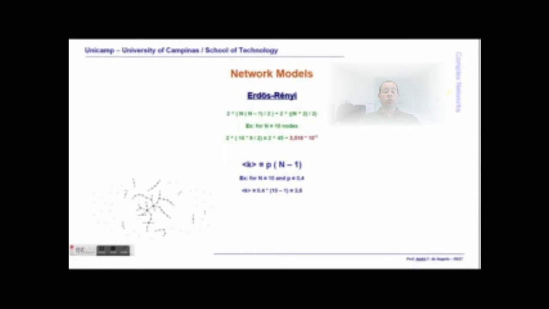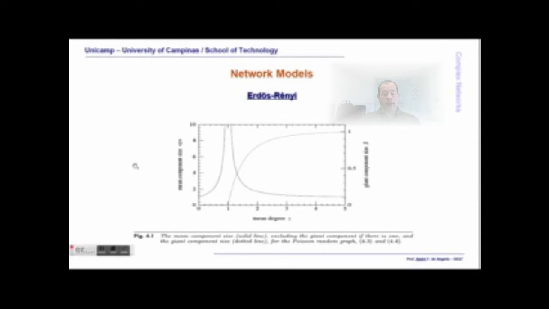Then, it is easy to do calculations in this model because the equations are already there, because of a lot of decades of history. Okay, we see in a chart the behavior of the network as we increase the mean degree.